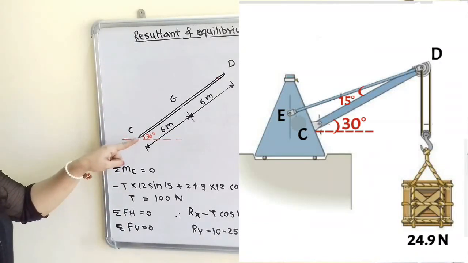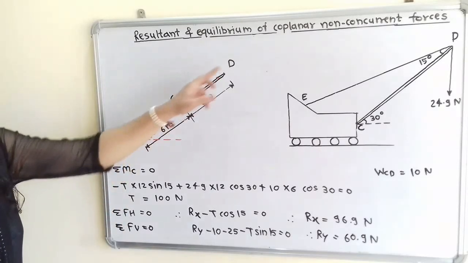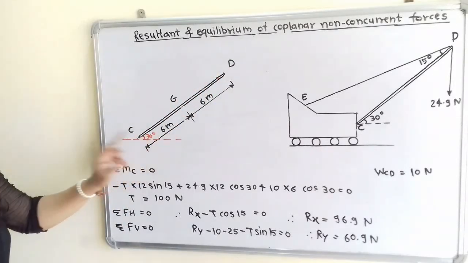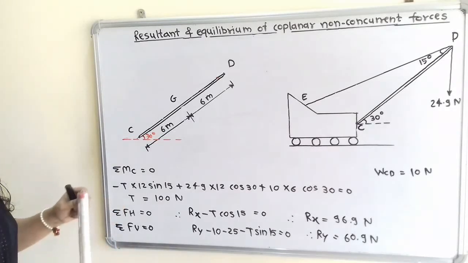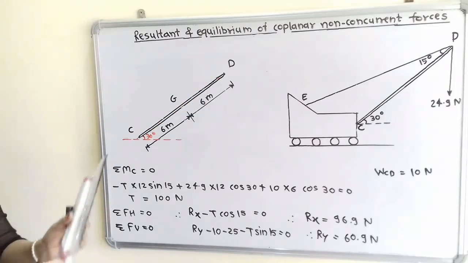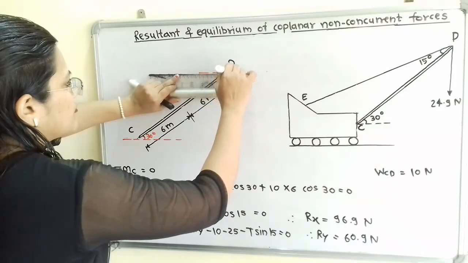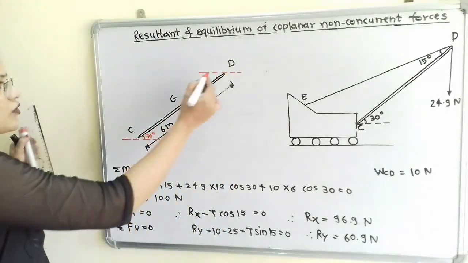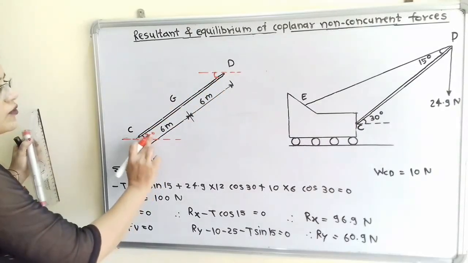For that we will first take this beam CD. Now this beam CD is making an angle of 30 degrees with the horizontal. Now if I draw the same horizontal line passing through this point D, then here also we have to show the opposite angle and it is equal to 30 degrees.